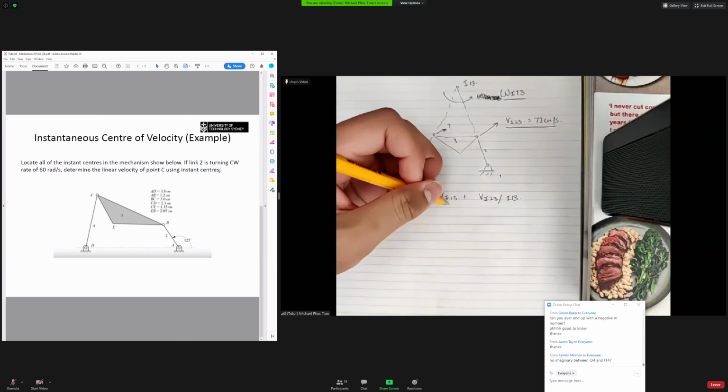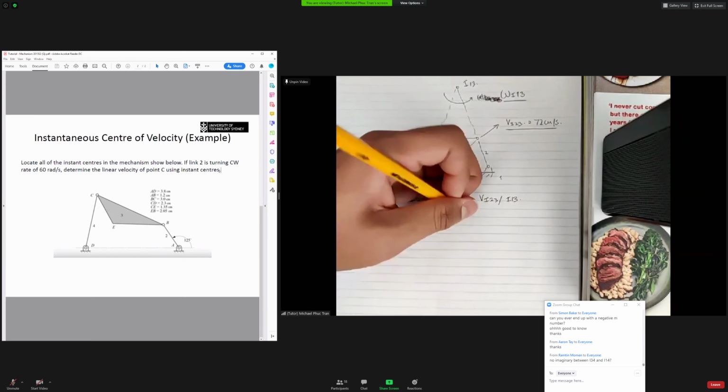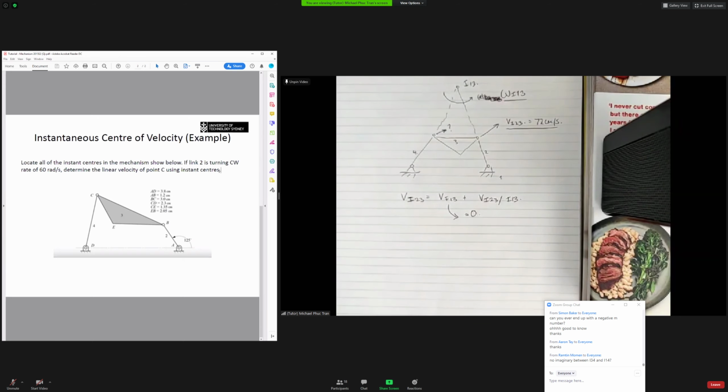So that equals 0 because at instant center that doesn't move at all. Everything else is moving, but not that. It moves about that instant center.